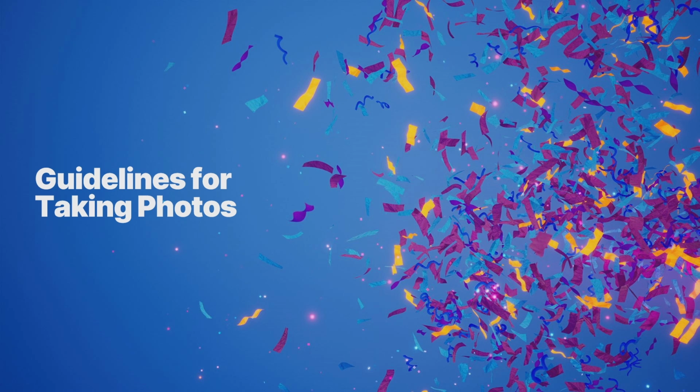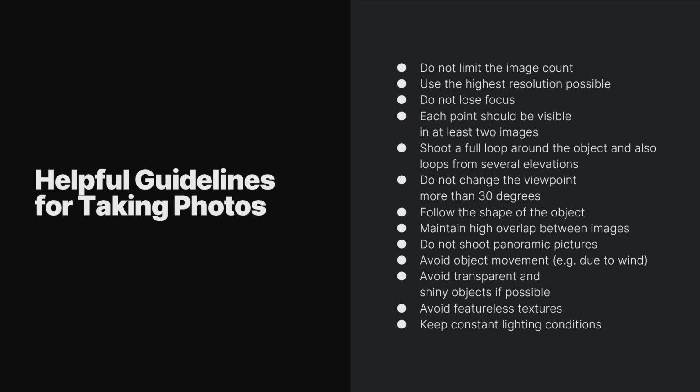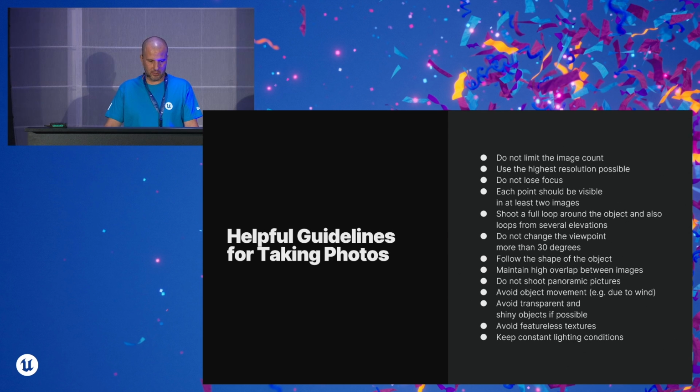Guidelines for taking photos. Okay, so I'm just going to read this out, and then we'll go through them in detail, and then we'll recap afterwards because these are all quite important. Do not limit the image count. Use the highest resolution possible. Do not lose focus. Each point should be visible in at least 2 images. Shoot a full loop around the object and also loops from several elevations.